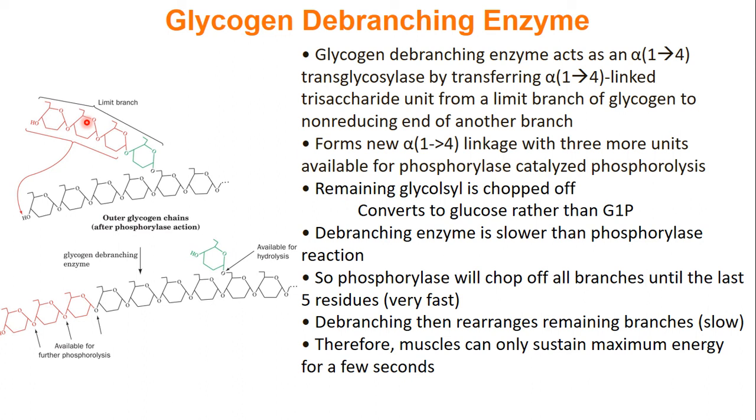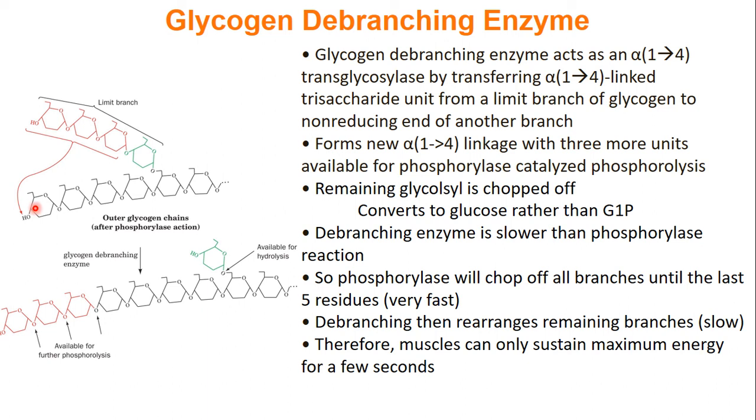Now our debranching enzyme is slower than our previous phosphorylase reaction. So what happens is that if you're using your muscles, the phosphorylase will chop off all the branches extremely fast until it gets down to the last 4 residues. Moving these last 4 residues is extremely slow compared to our phosphorylase reaction.